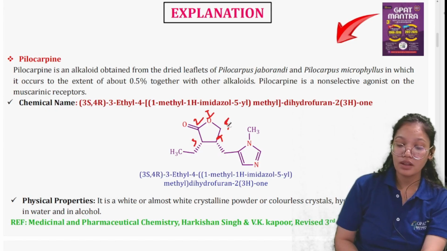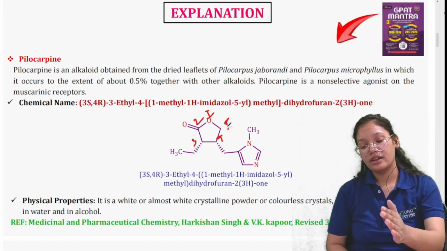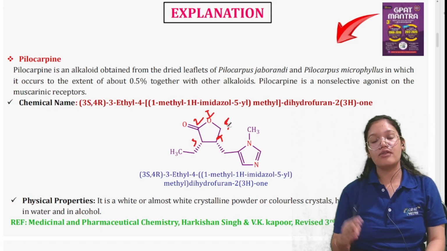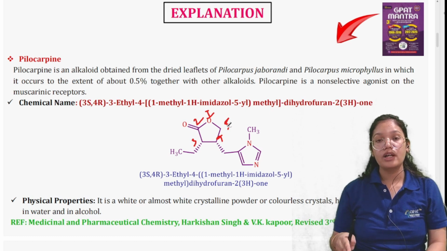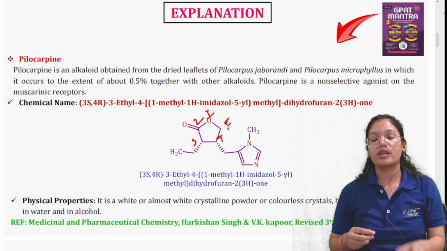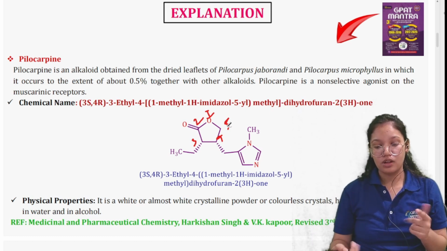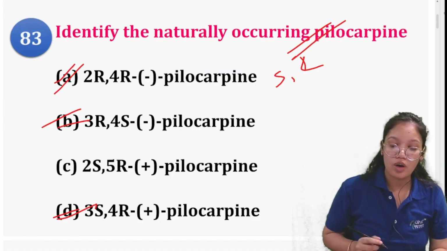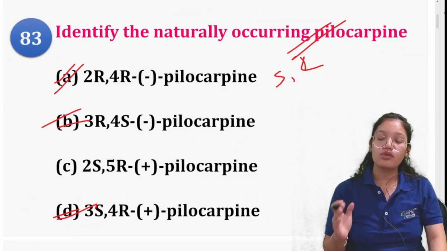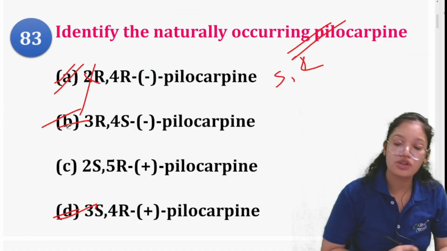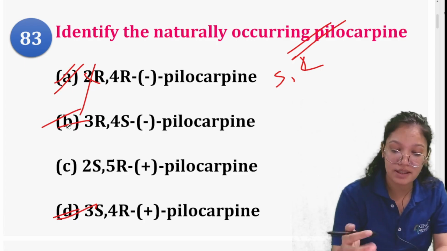Now we can see at 3rd and 4th position we have the rotatable bonds. So if we look at the options, A says 2 and 4, not at 2nd position, we don't have, removed from the list of the options.